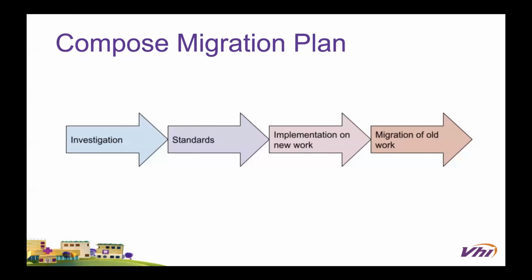Okay, so very broadly, the migration plan, and this is pretty much a standard template for anything that we look at. The first portion is investigation. So figuring out, is this library really going to bring benefit for us as a project? I'll give you an example.